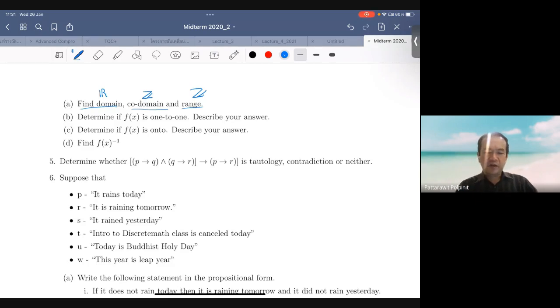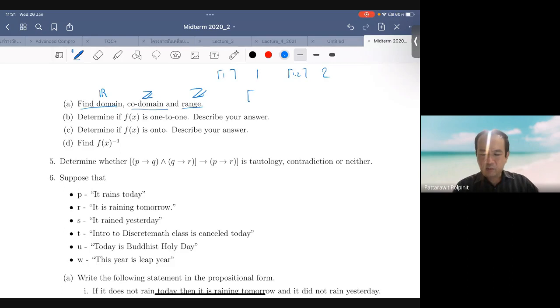For example, let's say I want 1. Of course you can have the ceiling of 1, that's easy. You can have 2, you can have the ceiling of 1.2, for example.